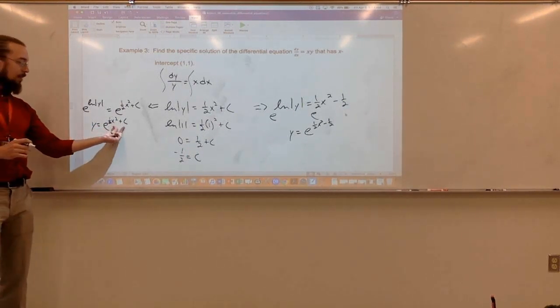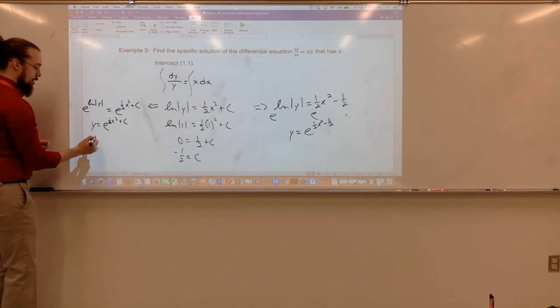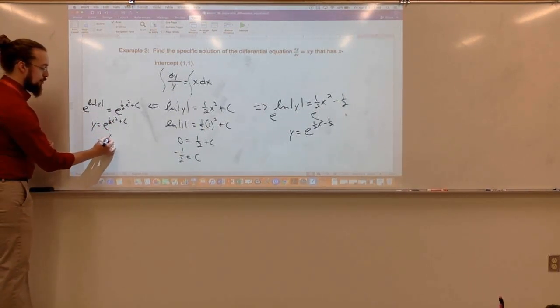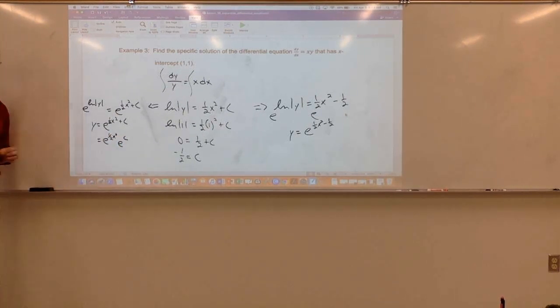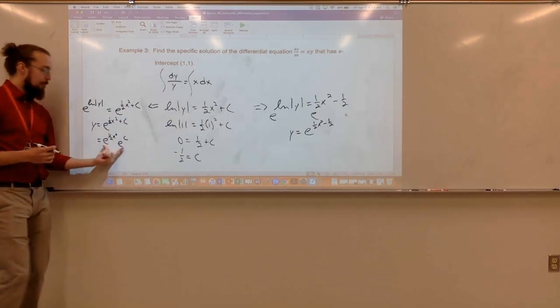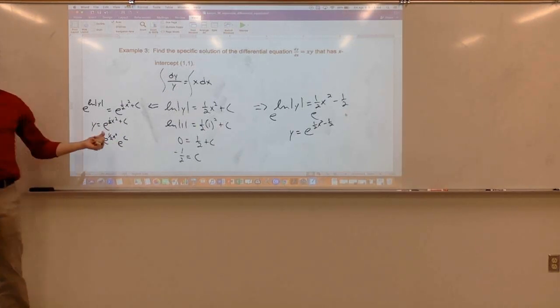Now here, they tend to use an exponent rule and say that this would be the same as e to the 1/2 x squared times e to the c power. Remember, whenever you're adding exponents, you can split that up into two separate terms that are being multiplied.